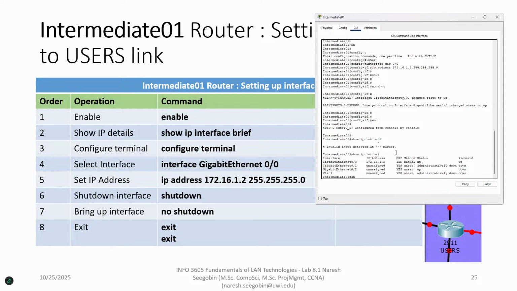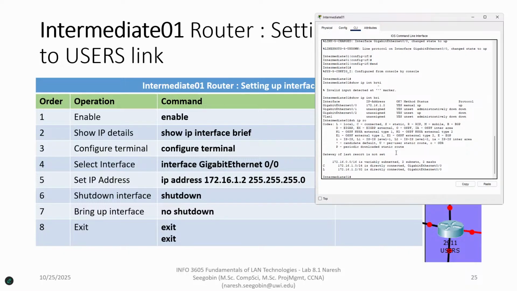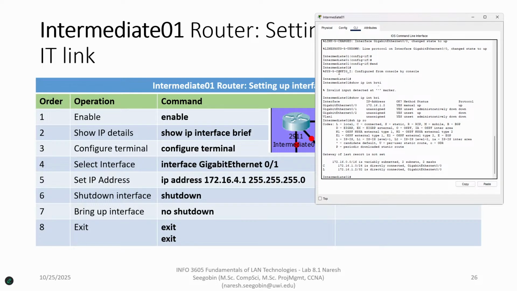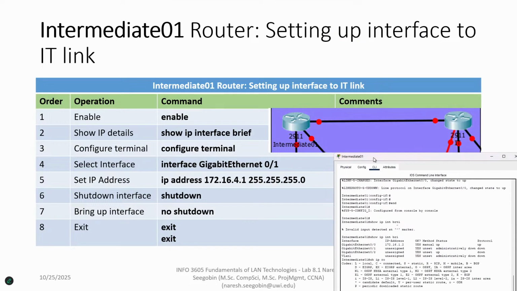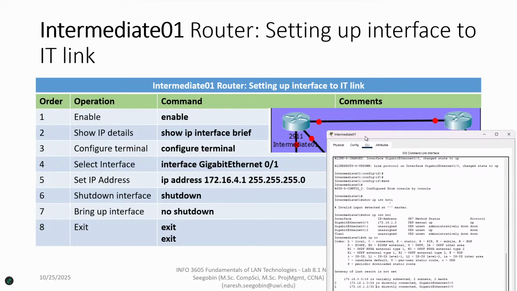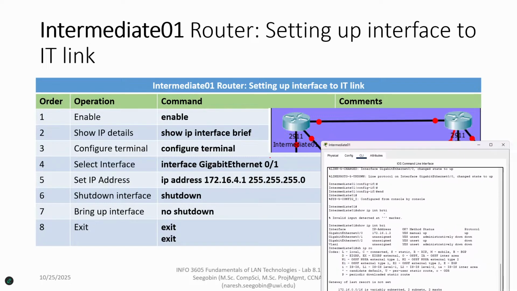Right, up state, which is good. If you do a show IP route, there it is, it's going to be entered in here. Now this router has 3 interfaces connected to it, so there are going to be 3 IP addresses we're going to set. Intermediate router, setting up the interface to the IT link, so that's left to right; we just did top to down.